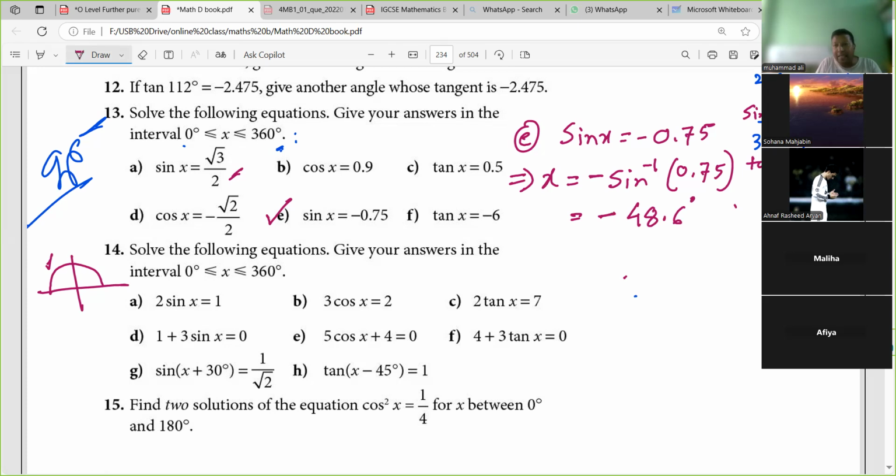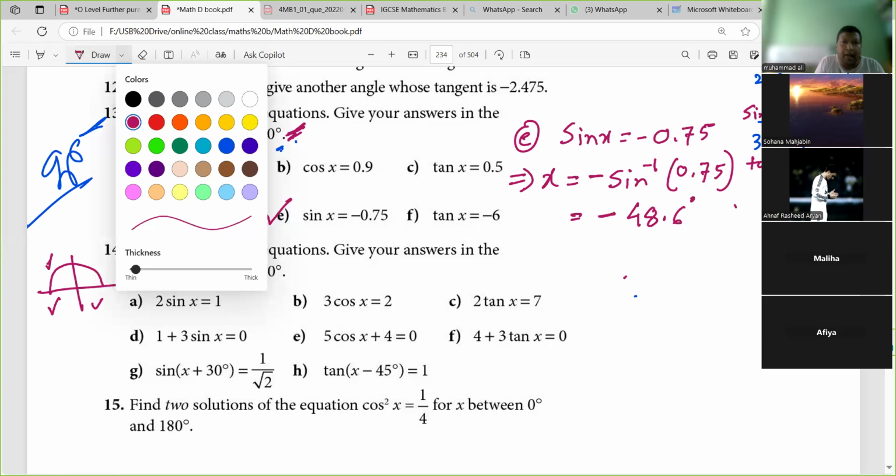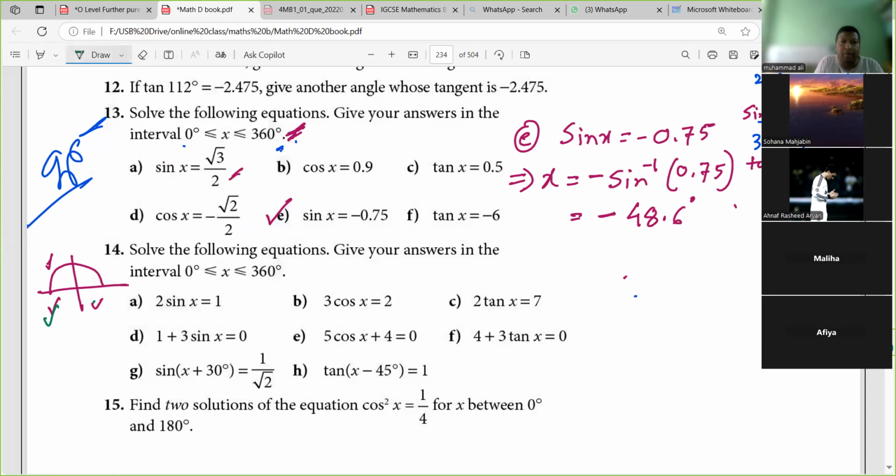This minus indicates that we will search where sine is negative. Sine is negative in the third quadrant and fourth quadrant, and obviously your result will come in positive sign, because here our interval is positive.